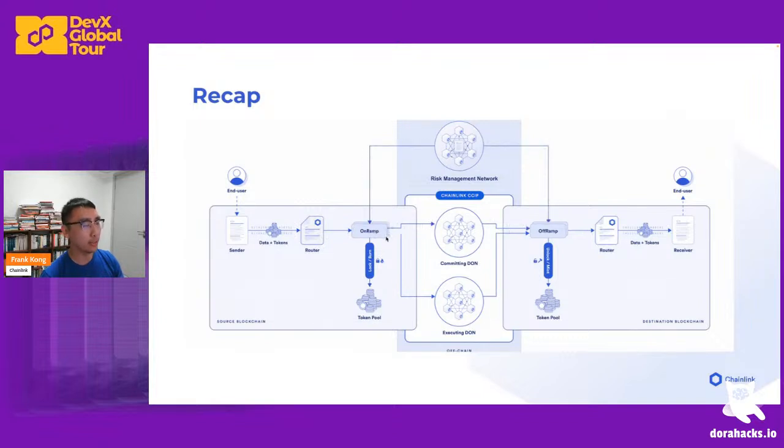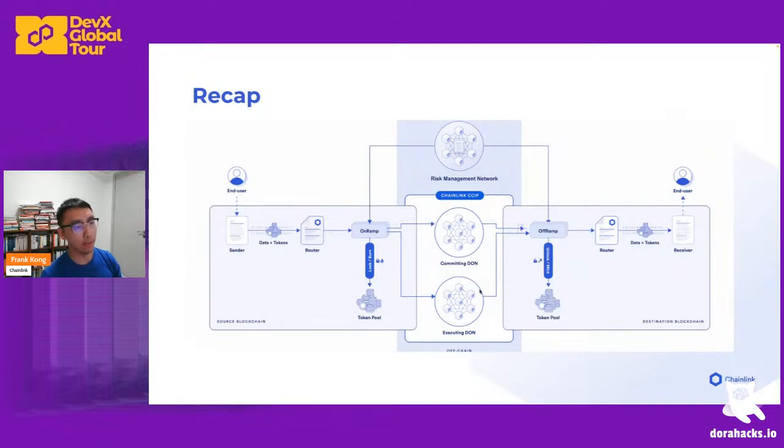And if this on-ramp receives the message, the details including the message, it will emit an event. And this event will be first detected by the committing DON. And the committing DON, like we said before, does step 1, the commit. It will commit the cryptographic proof on the off-ramp.